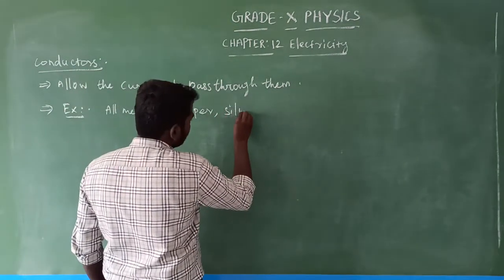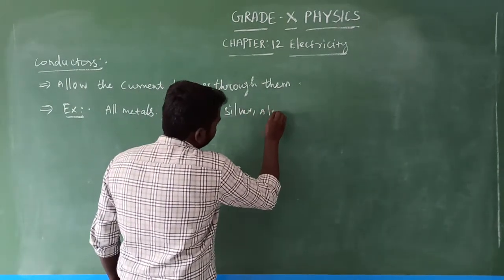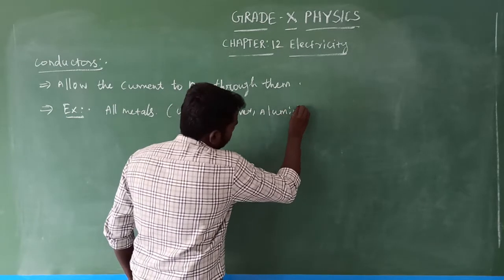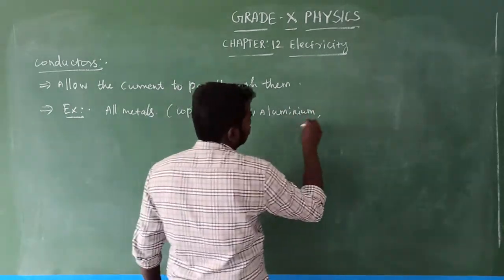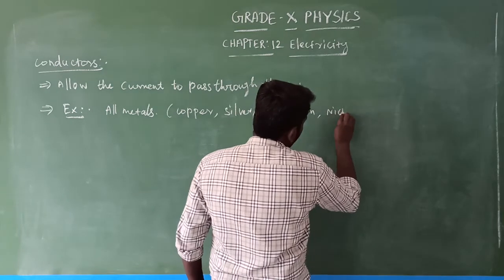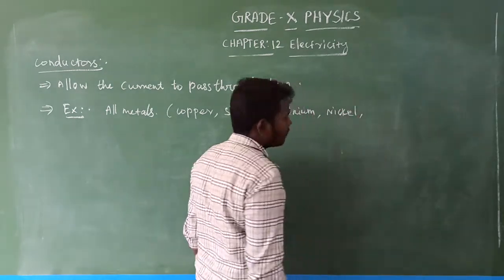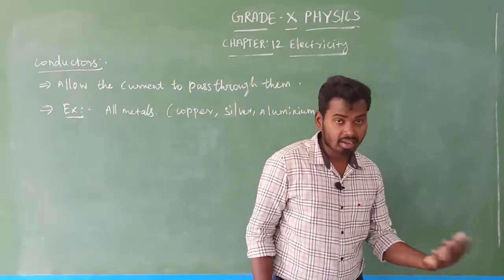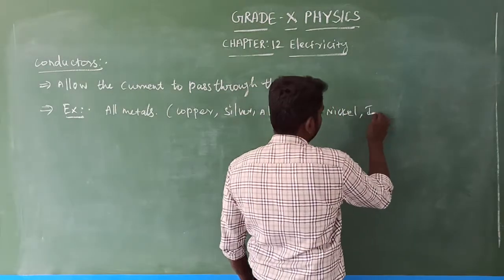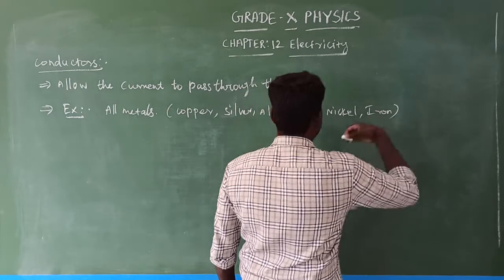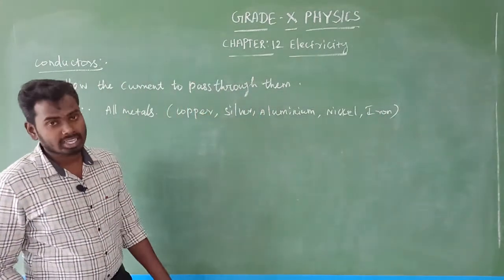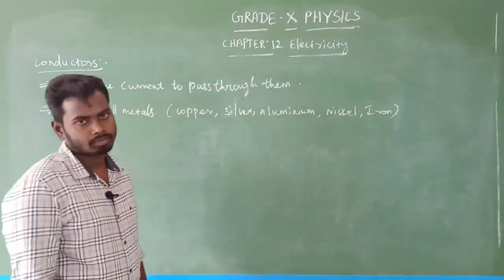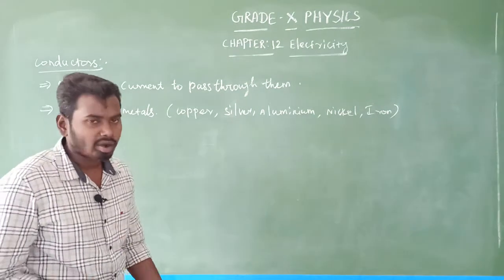Silver, aluminum, then nickel, and so many things. Nickel, manganese, iron. So these all are examples for conductors. So what is conductor, sir?